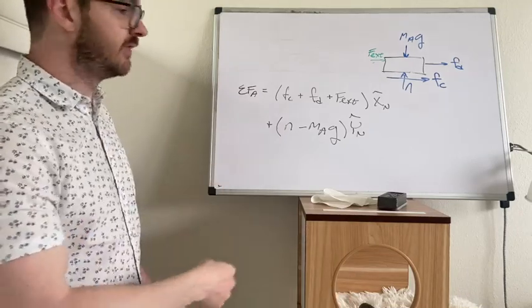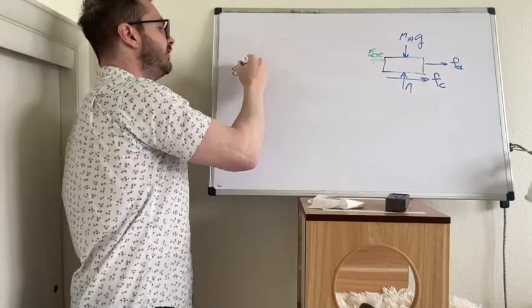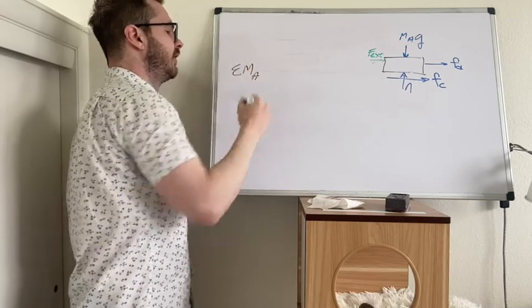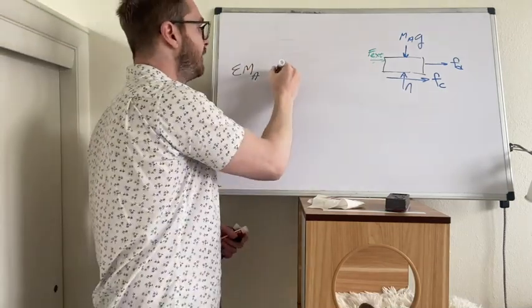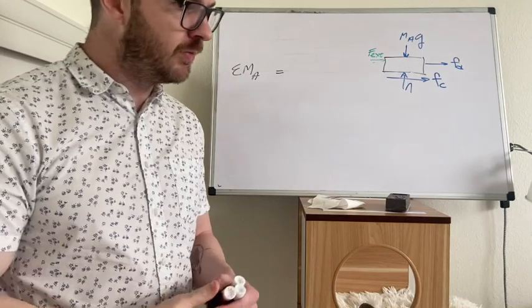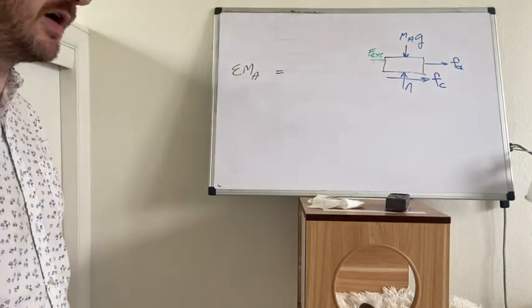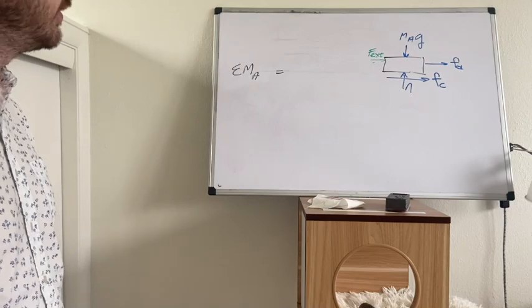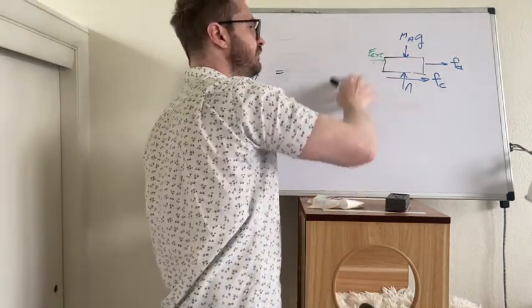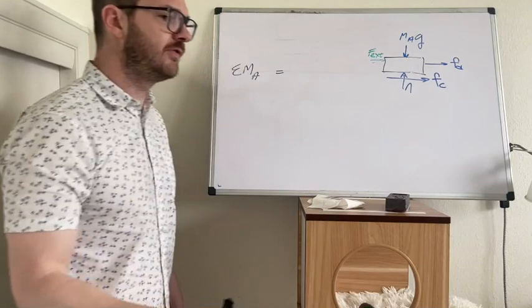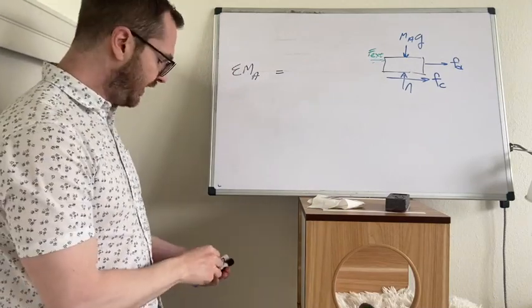Let's do the sum of moments on this one. Sum of moments on body A. Now, anytime you go to do moments, something should go off in your head. We ran into the same thing when we were doing momentum. When we said angular momentum of this body, we always had to specify a point. Same thing here.